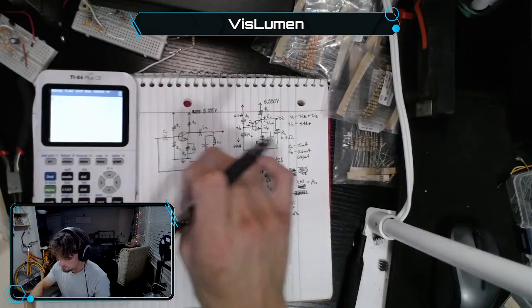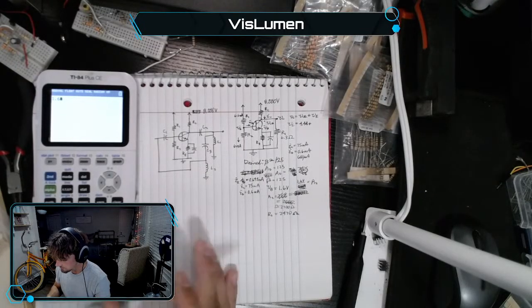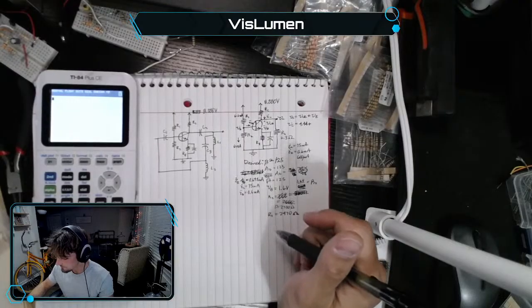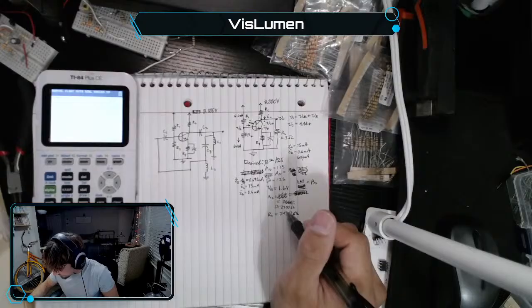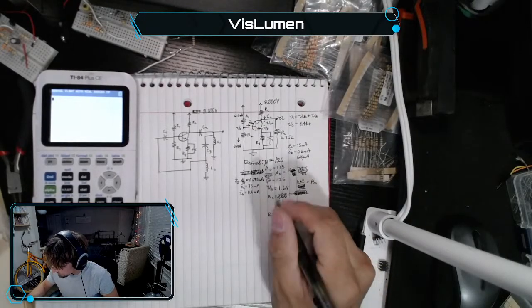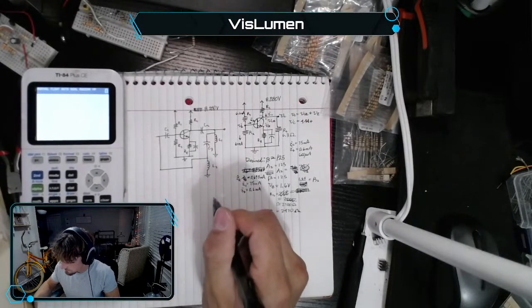If that's going to be a 1.6 voltage, how would I determine that? By the ratio. So let's solve for R1 through the voltage divider equation. It's gonna look like this.